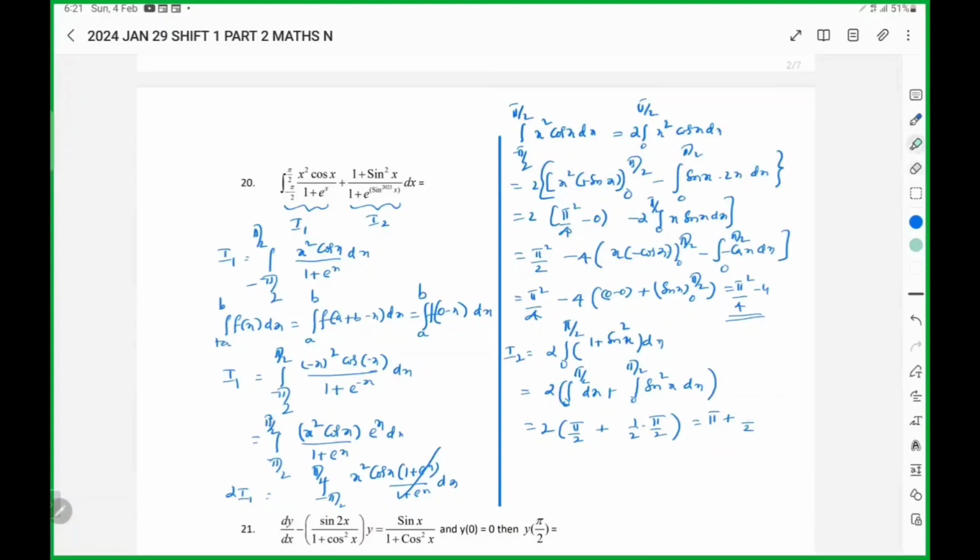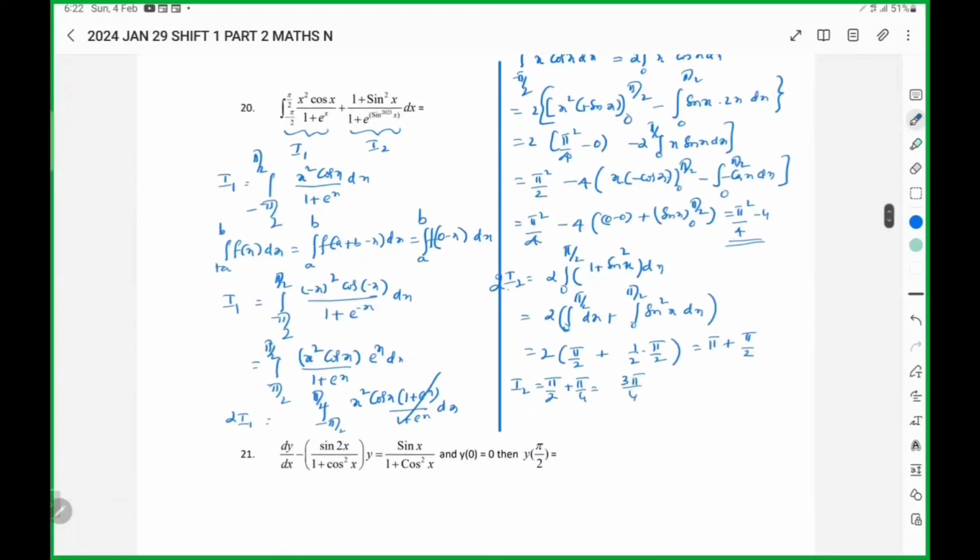Second integral pi. This is in fact 2I2. So I2 will be pi by 2 plus pi by 4, 3 pi by 4. Total integral value pi square by 4 minus 4 plus 3 pi by 4. So this is the answer for this.